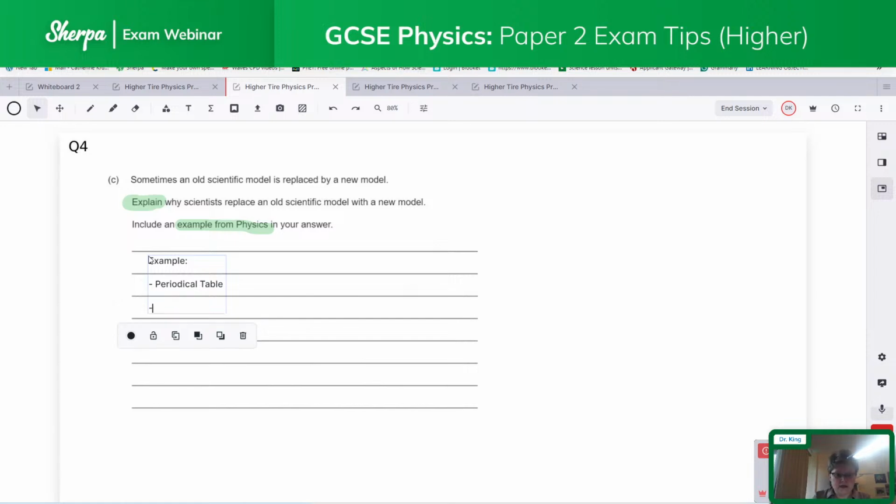Another example will be, for example, the development of the atom: the nuclear model replacing the plum pudding model. Why? Because in the plum pudding model, the only information we had was that all elements are positive spheres.